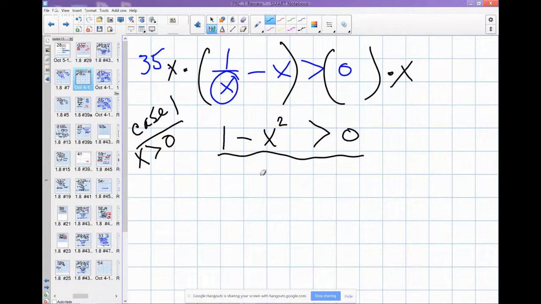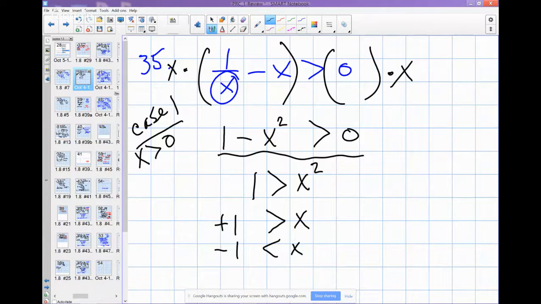So we add x squared to both sides, and then we take the square root. It's less than positive 1, and it's greater than negative 1.